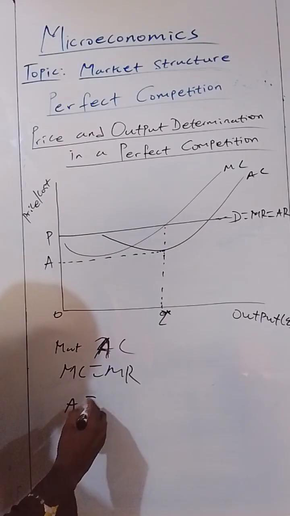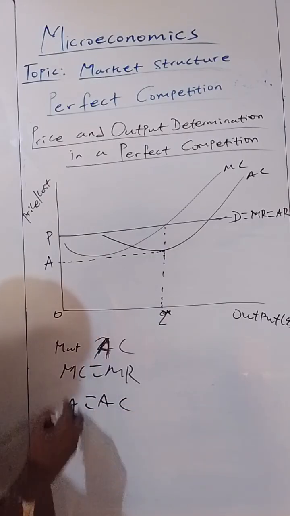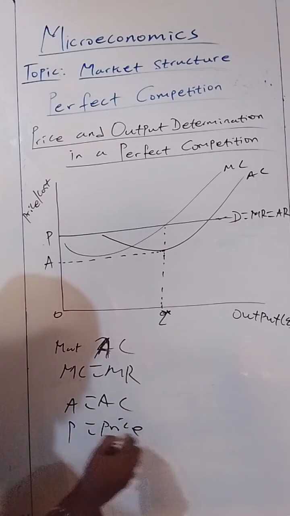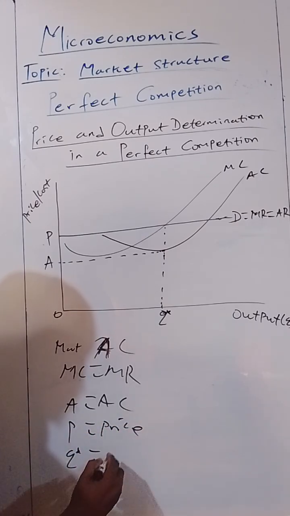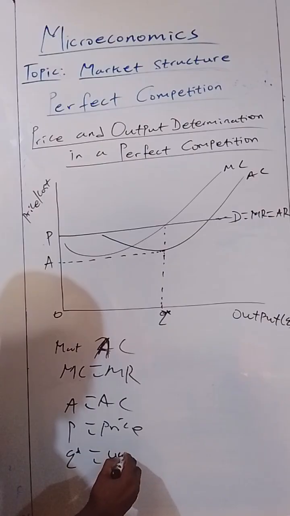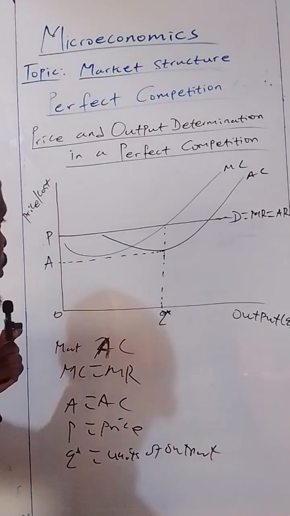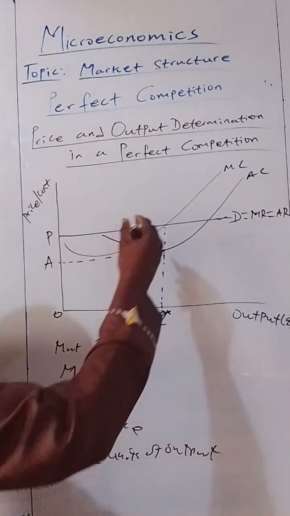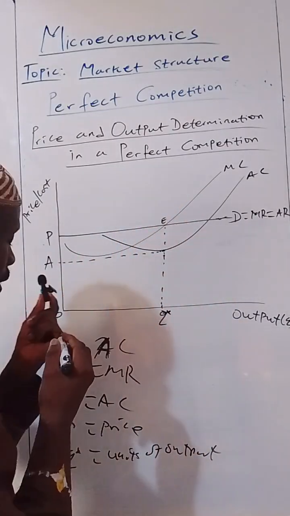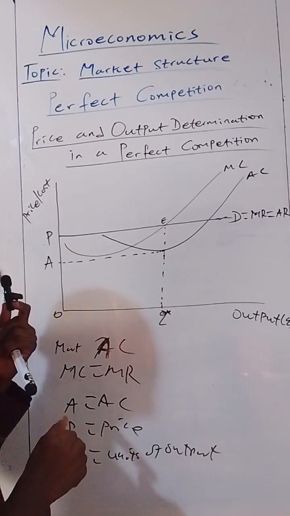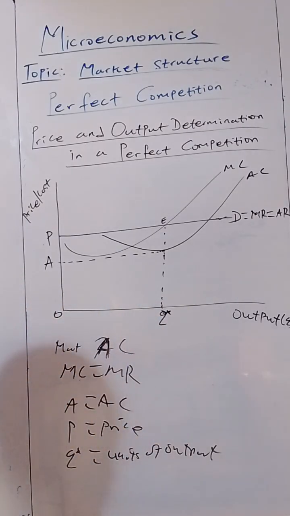P is equal to price, and Q is equal to the unit of output. This is equilibrium. So this is how the firm determines the price and output in perfect competition.